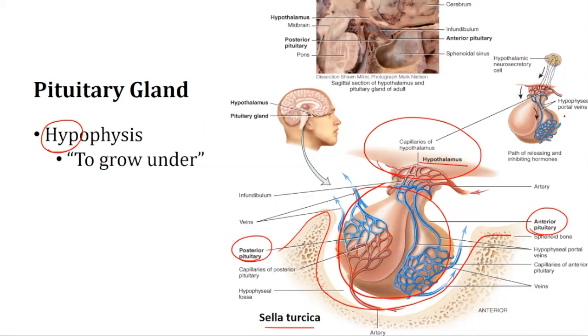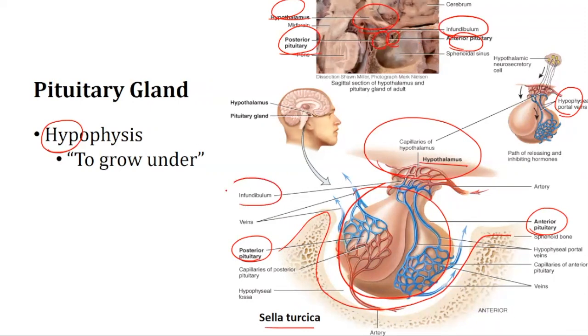The blood vessels associated with hypothalamus and pituitary gland is known as hypophyseal portal system. You can see the cross-sectional view of the same structures, hypothalamus here, posterior pituitary, anterior pituitary, these small regions over here, and also infundibulum.